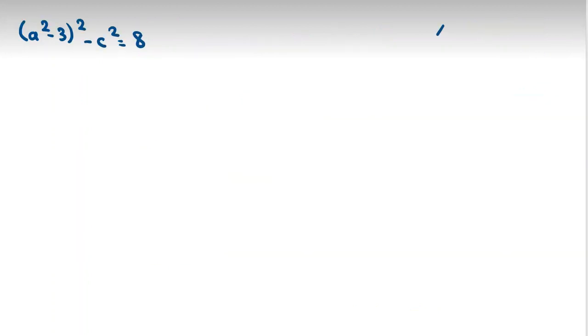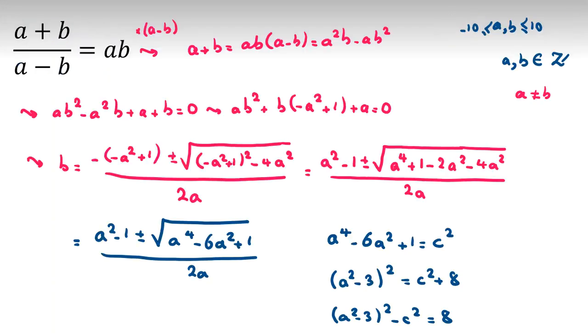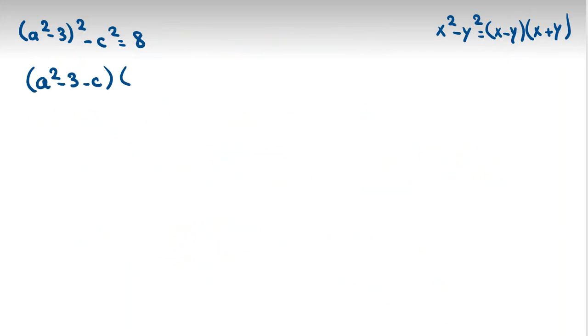And we have a famous identity that x squared minus y squared equals (x minus y) times (x plus y). If we use it here, it will be (a squared minus 3 minus c) times (a squared minus 3 plus c) equals 8. Without loss of generality, suppose that c is at least 0, so the second factor is greater than or equal to the first.